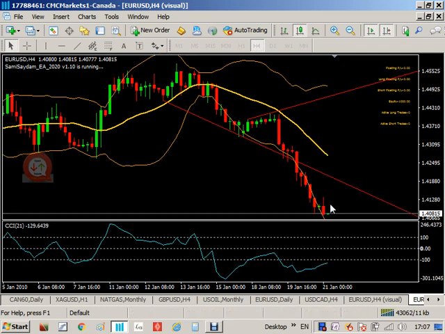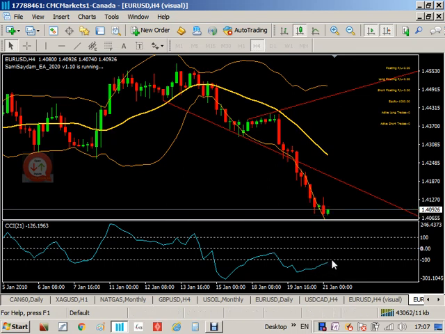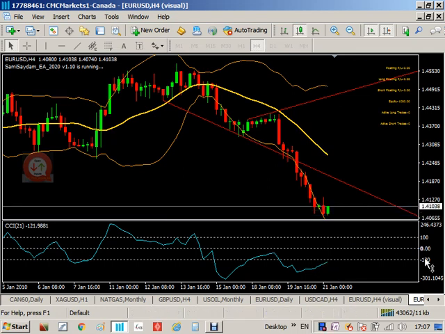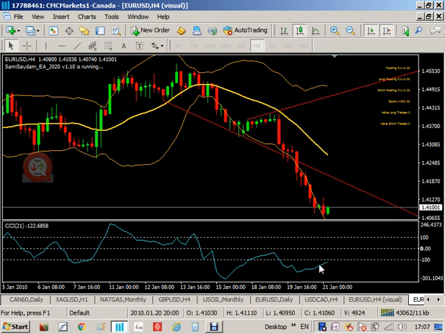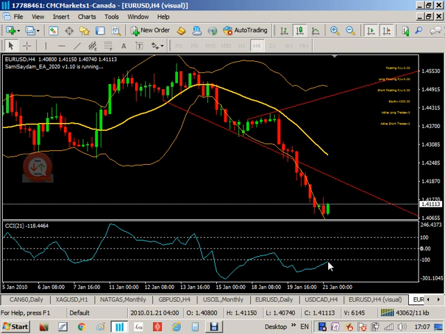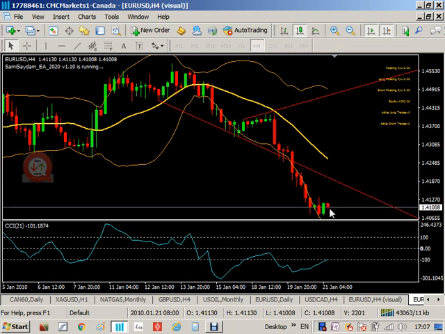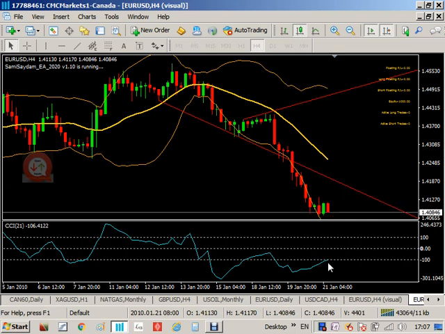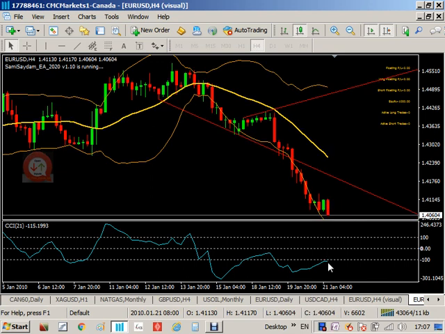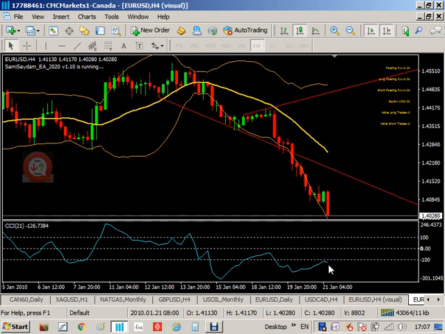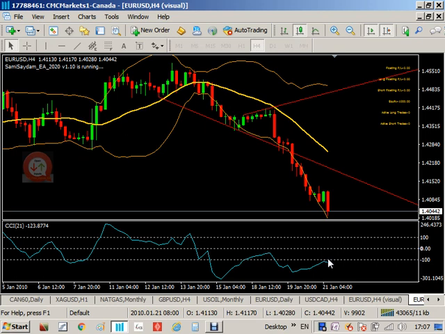As long as the CCI is still not touching the minus 100, I can take my profit when it touches the minus 100. You see here, it touched it, giving me confirmation down. Not yet, it has to cross it, so I'm still making profit.